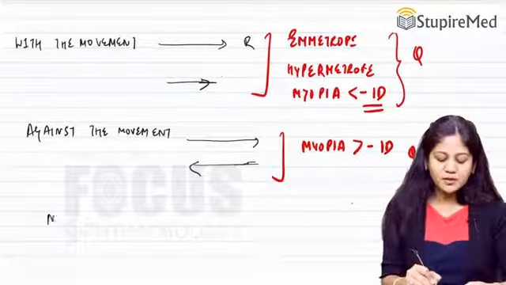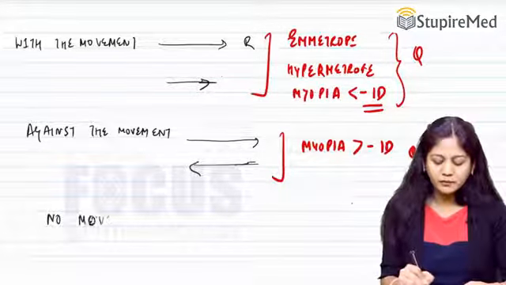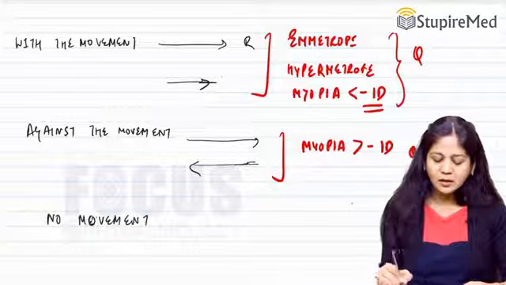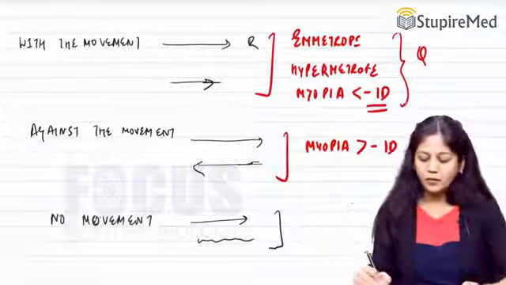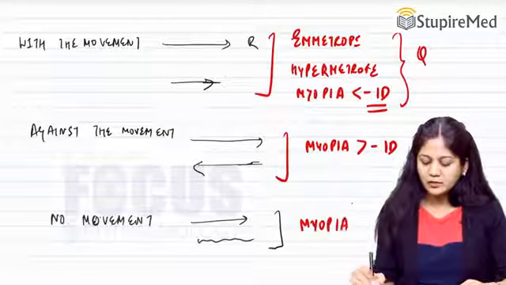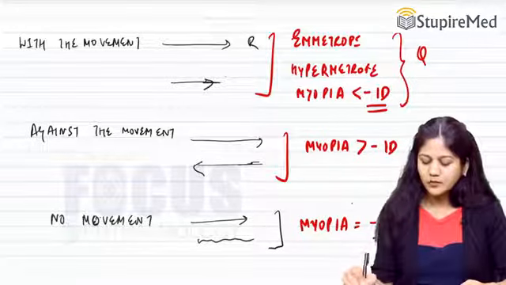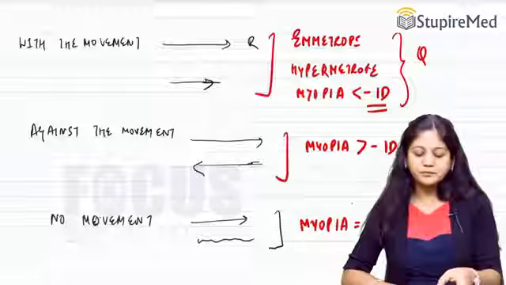Now, the third possibility is no movement at all. This suggests that the patient has a myopia of -1 diopter. So, this is again one important question.